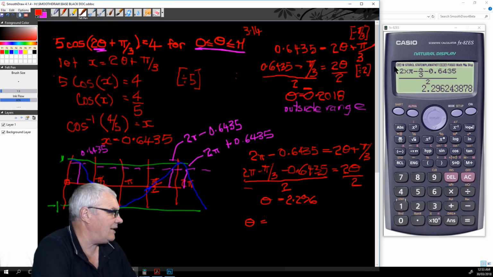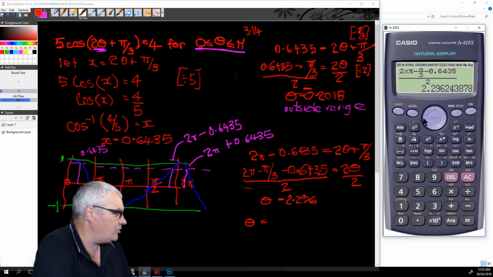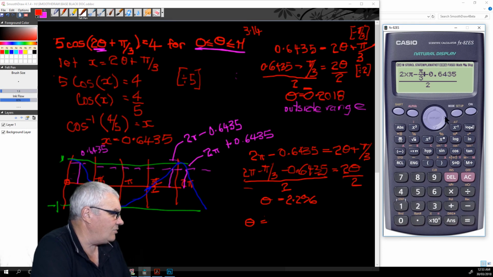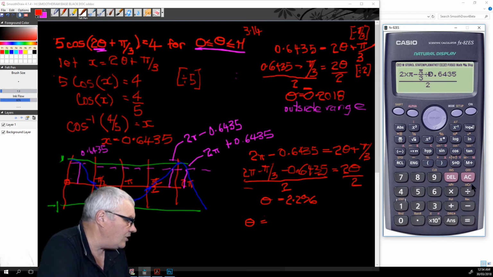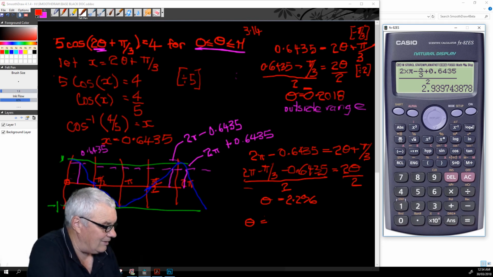So we'll just come back up into here, and we can just come back into here, and we'll just make that plus on the calculator, and that's a divide, plus, equals, and we get 2.940.